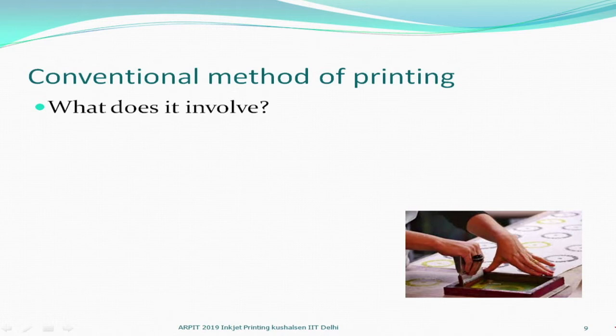What does it involve? Obviously, somebody has to approve a design. This design may have more than one color. So, you do color separation, where the green is going, where the yellow is going, all that has to be separated. If it is screen, the number of screens will be equal to the number of colors. The design has to be transferred onto the screen.